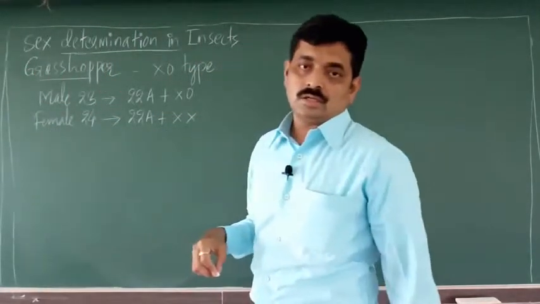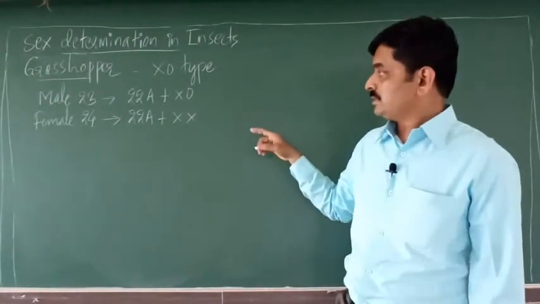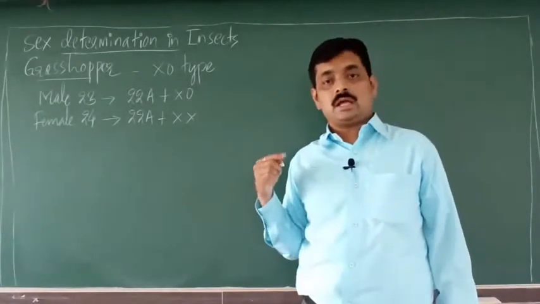So this is the chromosome complement of male and female grasshoppers.